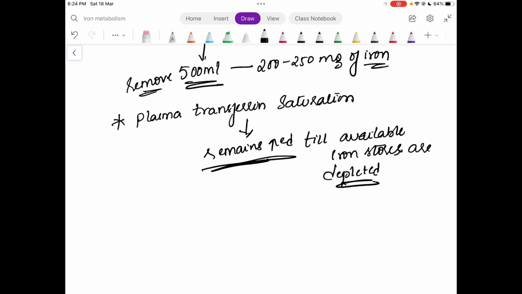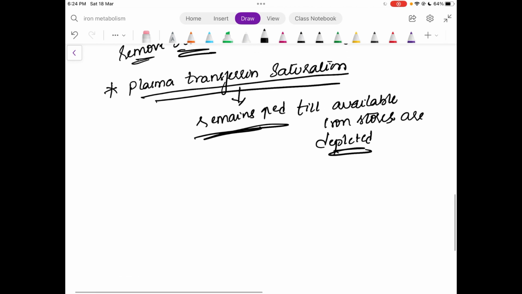If all iron stores are depleted, then only will plasma transferrin saturation reduce. Otherwise, it will not decrease. So it is not that helpful in a patient undergoing phlebotomy. It will remain high.